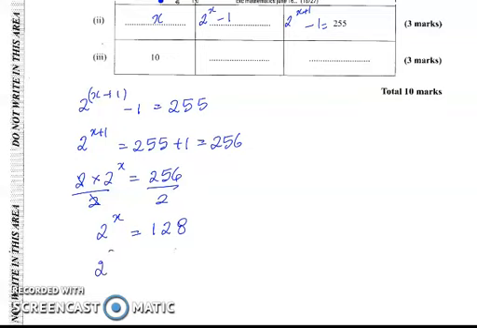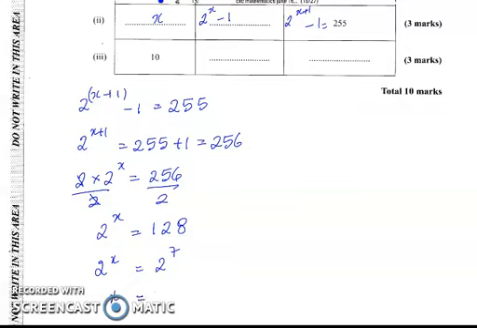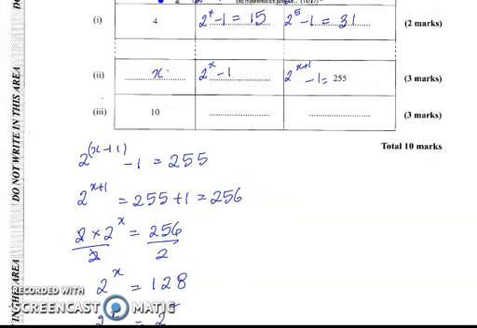So 2 to the x is equal to 2 to the 7th. Now if the base is the same, the powers are equal. So x is equal to 7. So the x here is 7, and this will be 2 to the 7th, which is 128, minus 1. The number here is 127. All right, and that completes that row.